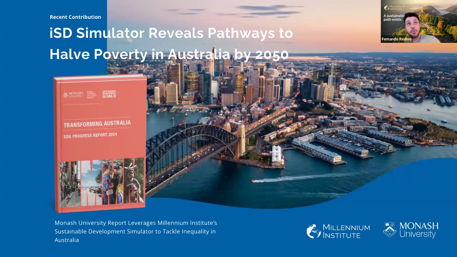One recent contribution of the simulator is the Transforming Australia SDG Progress Report that has been recently released. The simulator was used by Monash University from Australia to tackle inequality in the country, and the simulator revealed the pathway to halve poverty in Australia by 2050.